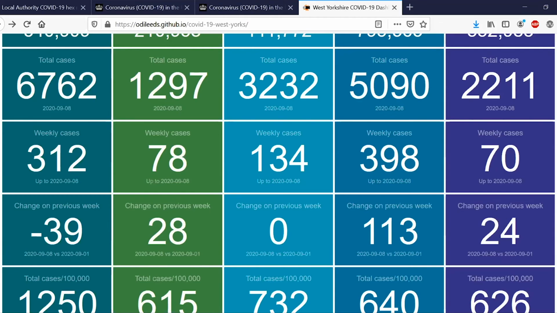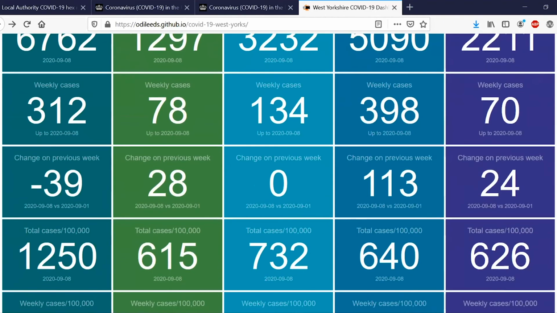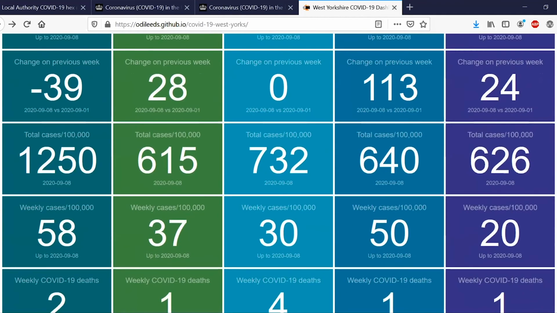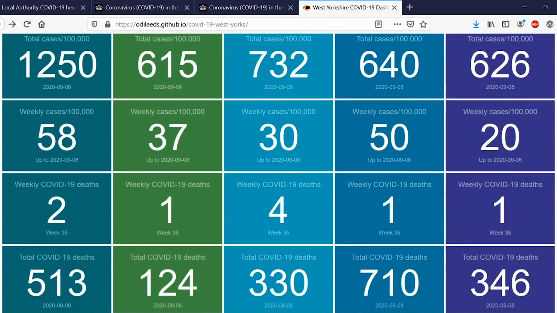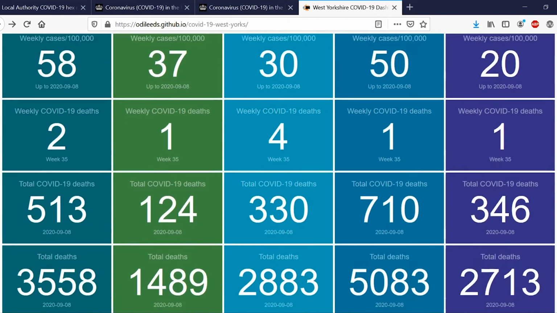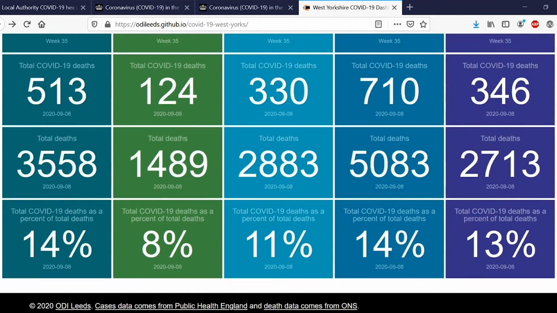I thought I'd go with the most obvious thing, which is the 7 days up to the date that's shown there, because that's what I would naively expect as a member of the public weekly cases to mean. And then we've got the change on the previous week using the previous 7 days to that. Then we've got the total cases per 100,000, weekly cases per 100,000, using the population figures from the top there. And weekly COVID deaths, total COVID deaths, that's using the ONS data.